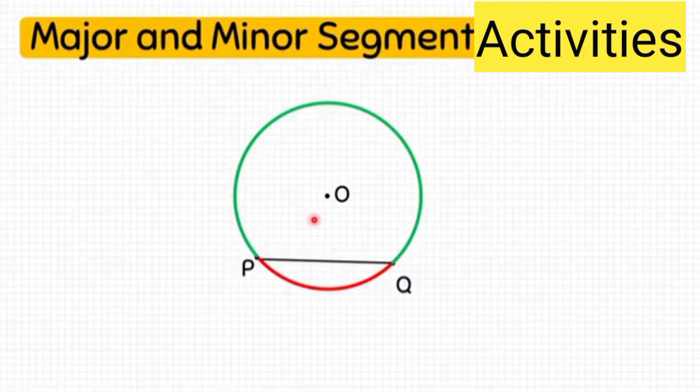This is the major segment and this is the minor segment. So the region between major arc PQ and the chord is the major segment, and the region between minor arc PQ and the chord is the minor segment.